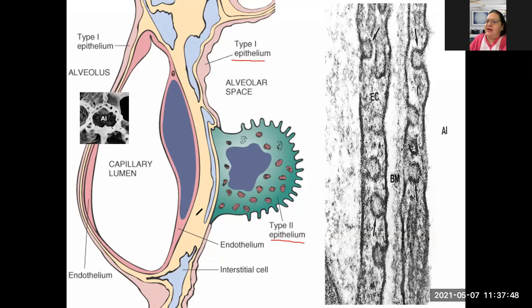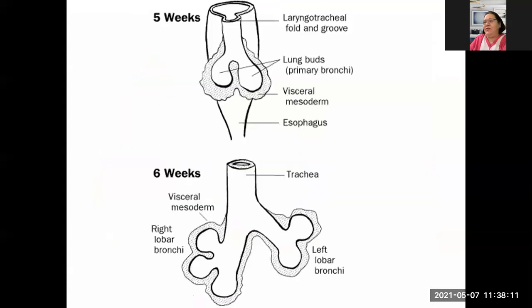So this is an area where you have exchange of gas and blood in this area. And you have your capillary lumen there present also.